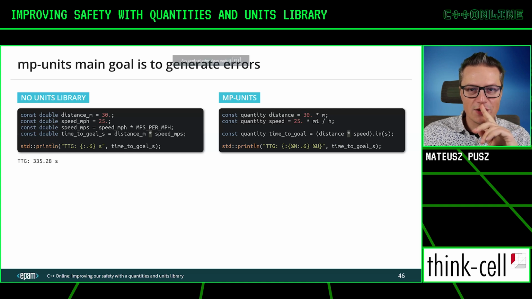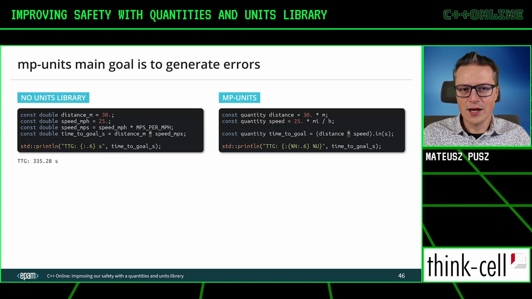In the regular double use case, we may end up with an incorrect value being returned from the arithmetics done here, and this is of course a typical source of issues we have in this domain.